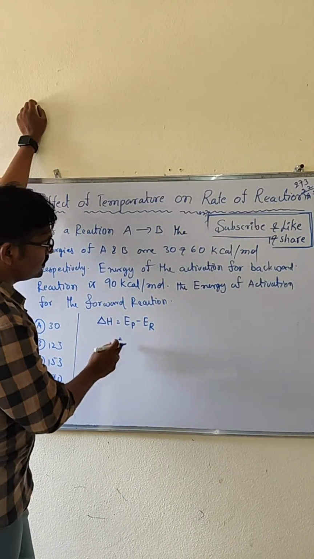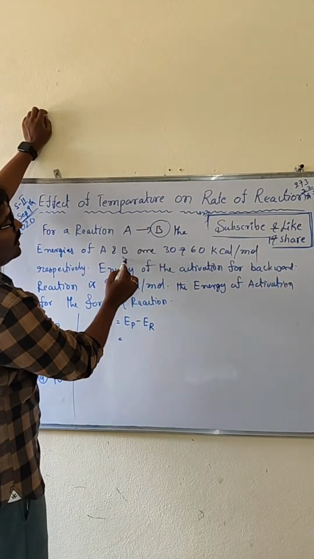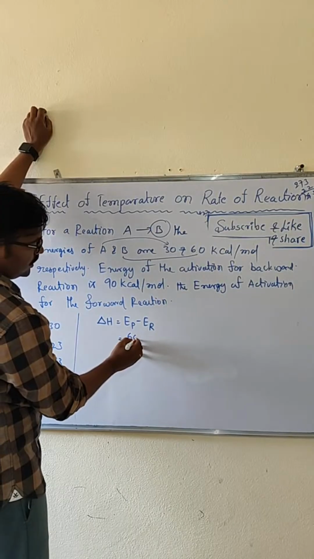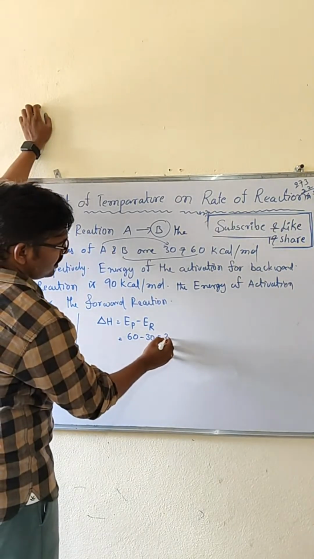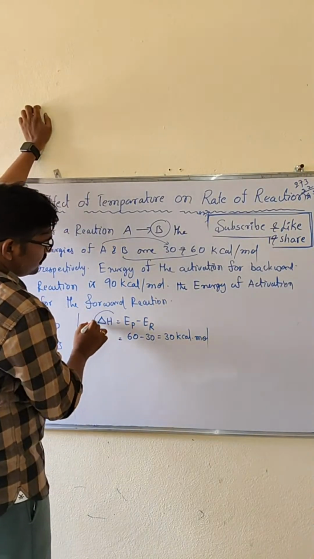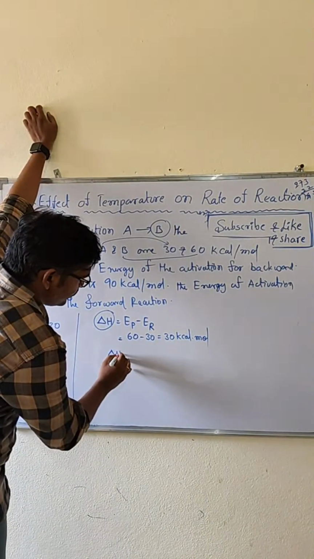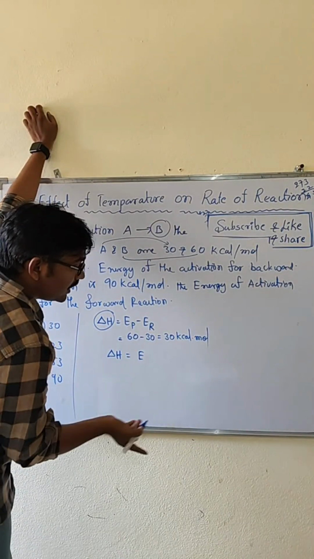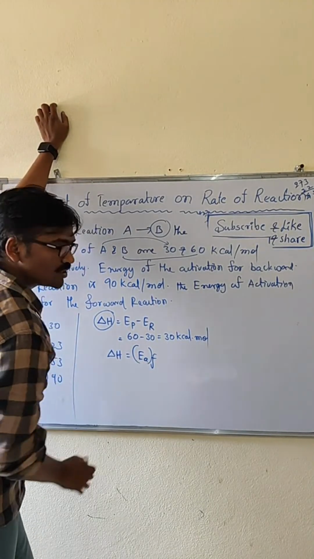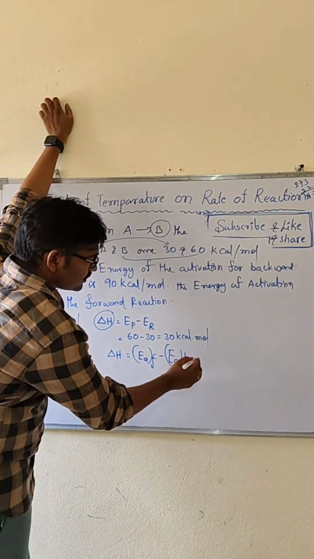See, look, my dear students. The energy of the product B is 60, and the energy of A is 30. So 60 minus 30 gives 30 kilocalories per mole. This is the delta H value. Its relation with activation energy: delta H equals activation energy of the forward direction minus activation energy of the backward direction.